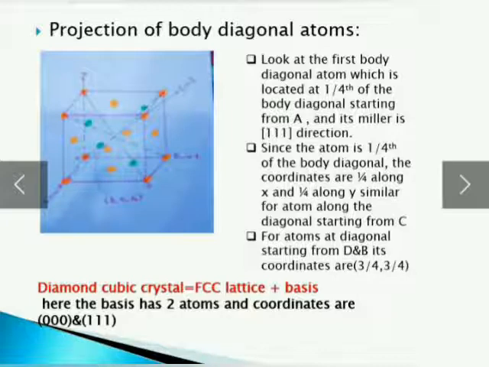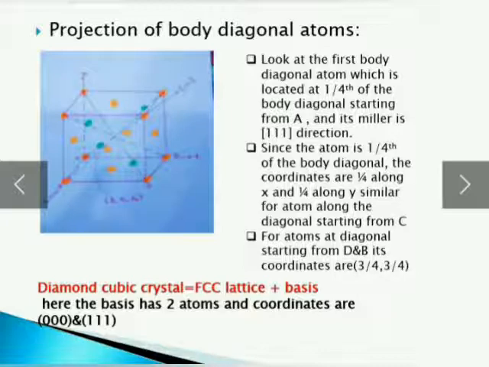Since the atom is at 1/4th of the body diagonal, the coordinates are 1/4 along the x-axis and 1/4 along the y-axis. Similarly for the atom along the diagonal starting from C also. For atoms on the diagonals starting from D and B, the coordinates are 3/4 along the x-axis and 3/4 along the y-axis.